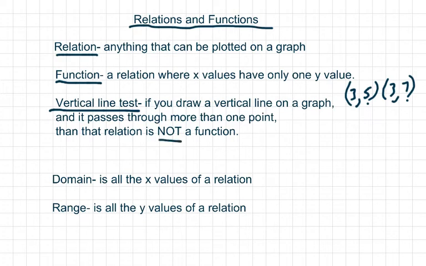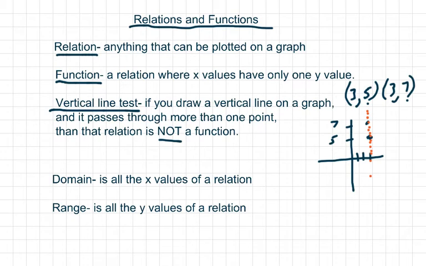So let's look at our (3, 5) and our (3, 7) here. Well, you can imagine 1, 2, 3, and then I got 5 here and 7 here. If I plotted these 2 points, and I drew a vertical line on this graph, you can see how many points I go through.